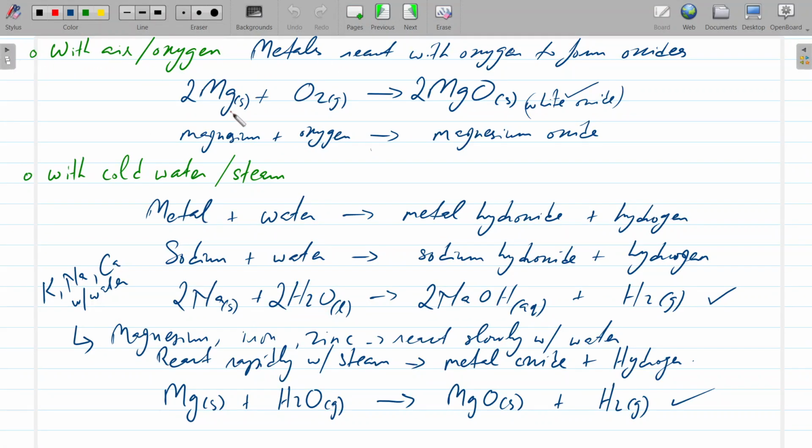Okay, speeding up a bit. So we covered the air oxygen one again. I showed you the reactivity series in the book. The ease with which metals react with air oxygen decreases down the reactivity series. When we're talking about water, either cold water or steam, the more reactive metals will undergo a reaction with cold water.